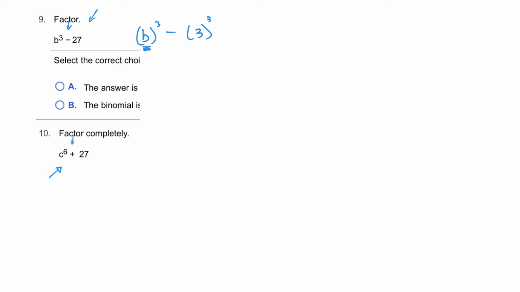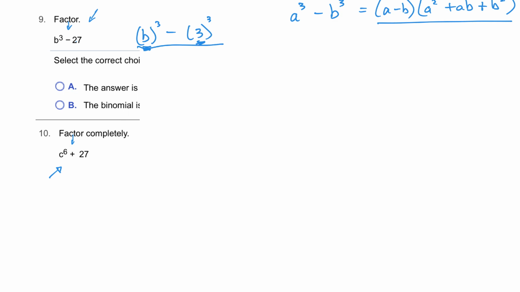Once I know what those are, then I can use a formula. And the formula you'll be given on a test is this: a cubed minus b cubed. If you factor that, you get (a minus b), and then (a squared plus ab plus b squared). So now I just have to follow this pattern, but with these things here.